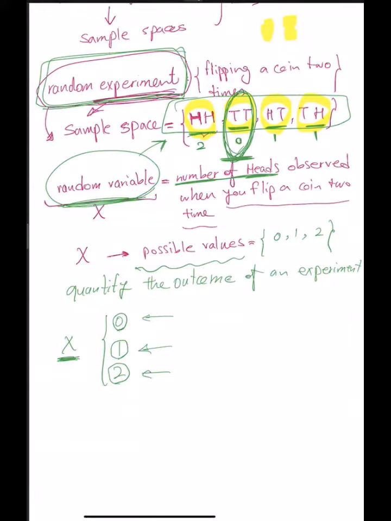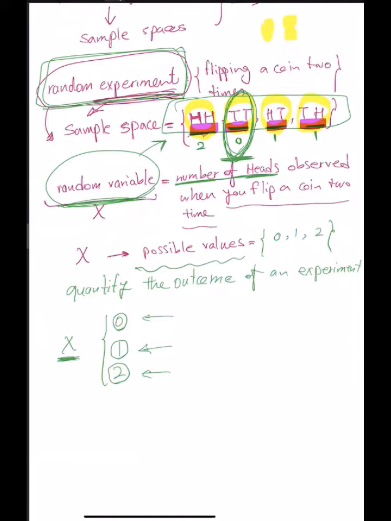So basically, I can say any one of these outcomes have equal chance of happening. So any one of them has the chance of 1/4. When we flip a coin 2 times, there's 25% chance we observe head, head. There's 25% chance we observe tail, tail.